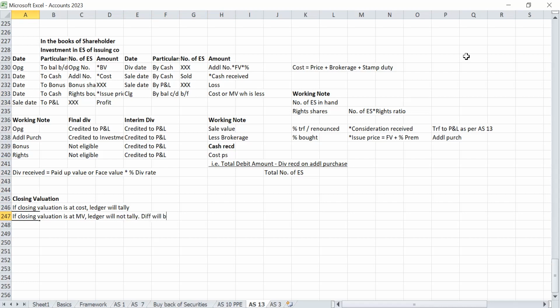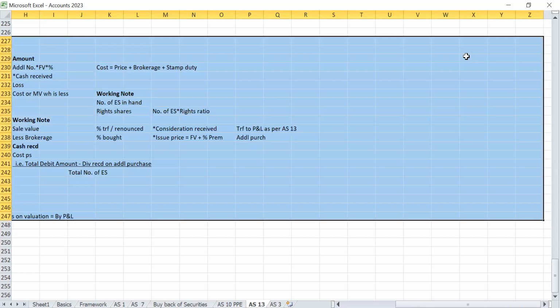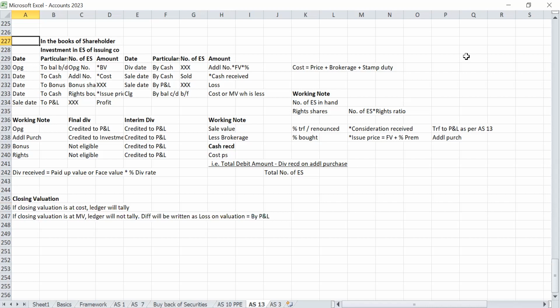Difference will be written as loss on valuation by P&L. So this is the crux of investment accounting. If you know this format, everything will be just fill in the blanks. Okay.